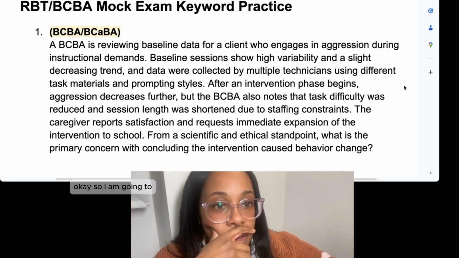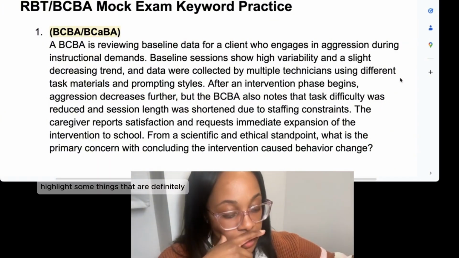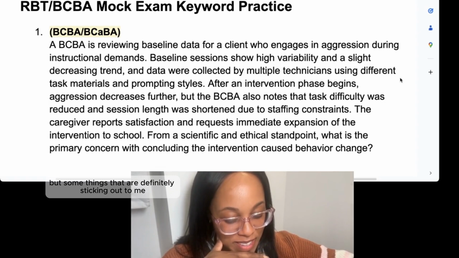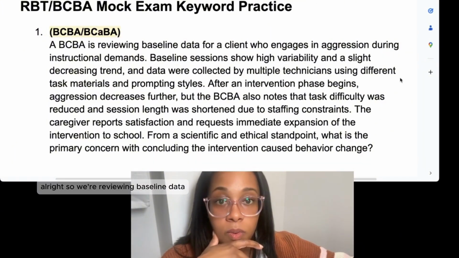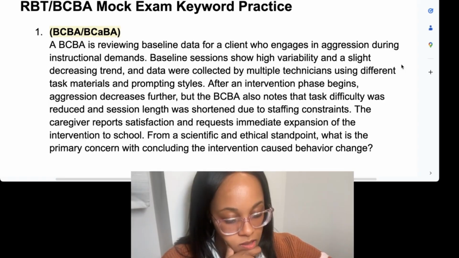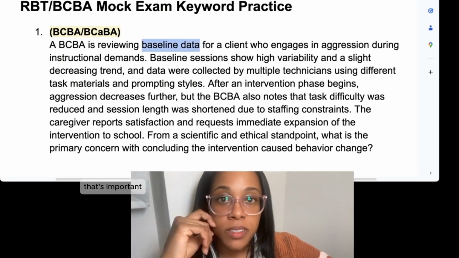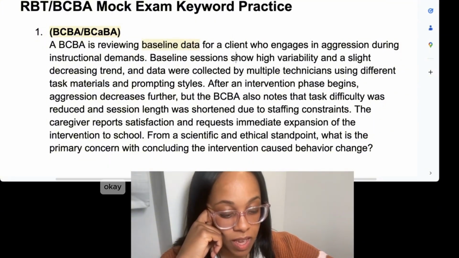Okay, so I am going to highlight some things that are definitely sticking out to me, as an example. All right, so we're reviewing baseline data. That's important because that's all we have right now is baseline data, okay?